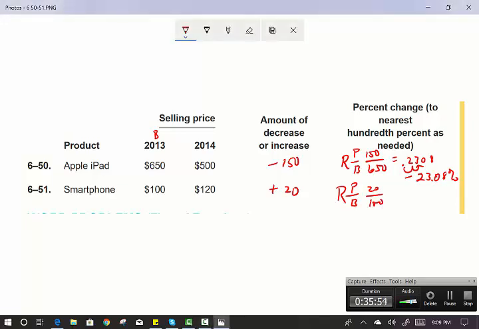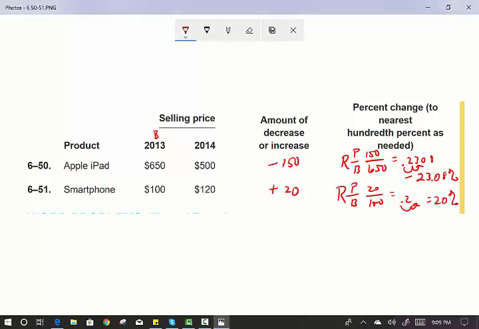So 20 divided by 100 is 0.2. And then we're going to move the decimal point 2 places to the right to convert the decimal to a percent to make it 20%. And I don't need to put a sign in front of it to represent a positive since 20 is positive. So it's a 20% increase.